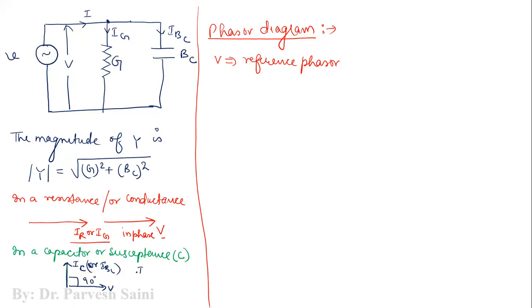So we'll write here IBC or IC leads V by 90 degrees.